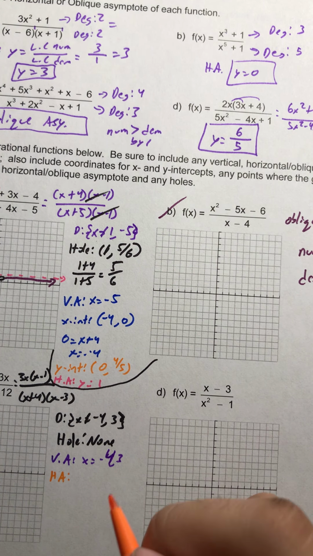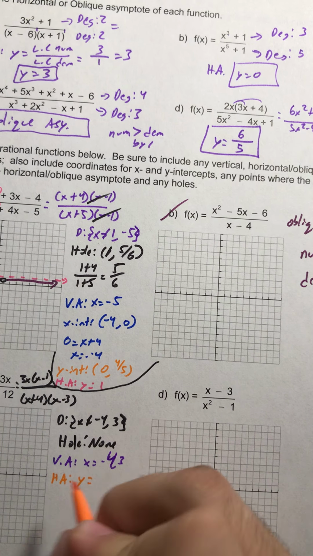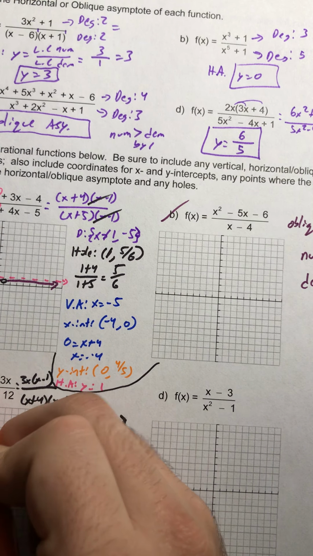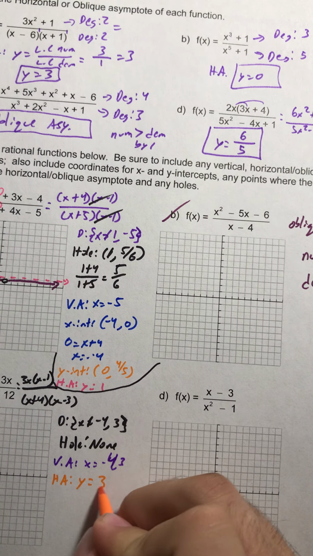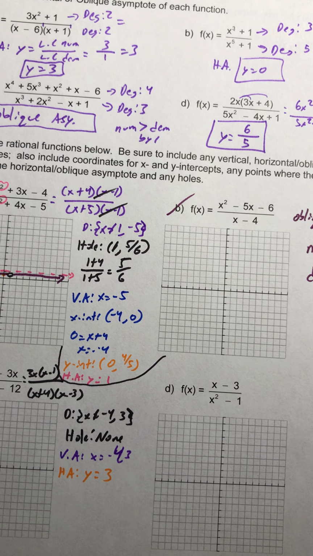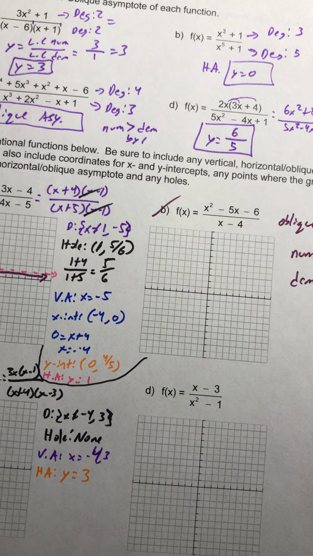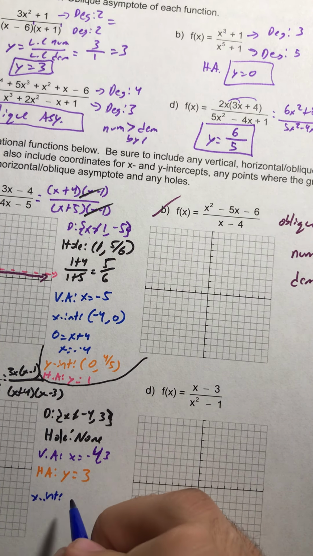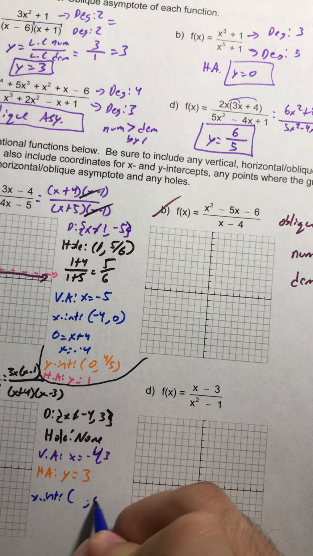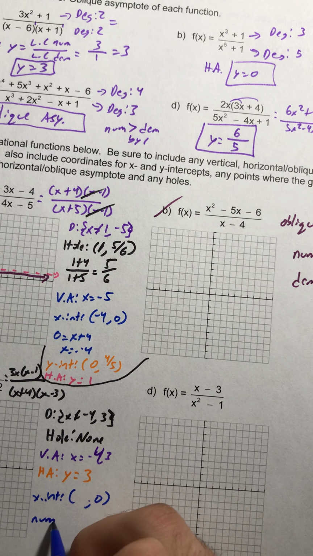My horizontal asymptote, well, the degrees are the same, both 2, so it's at the ratio of leading coefficients, which is 3 over 1, or just at 3. And then to find my x-intercepts, I'm going to set the numerator equal to 0.